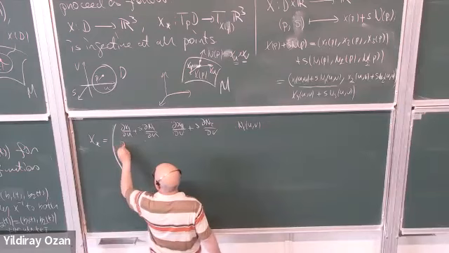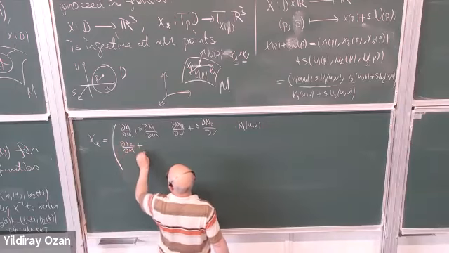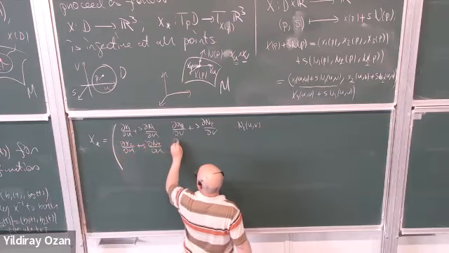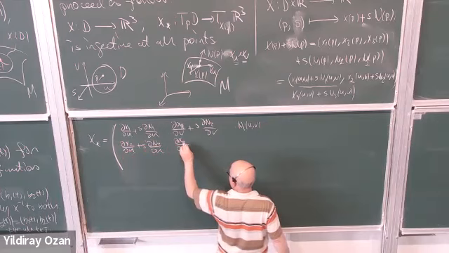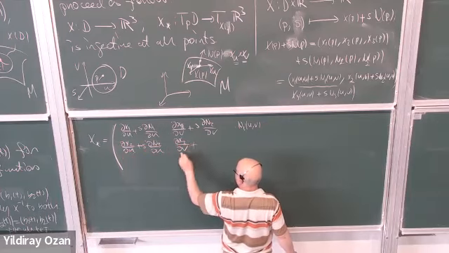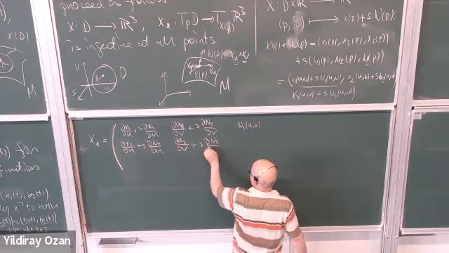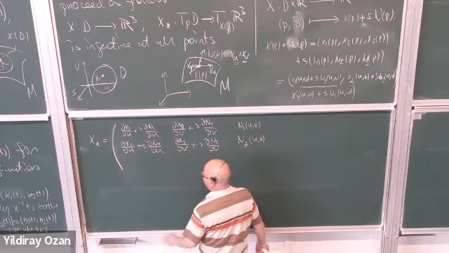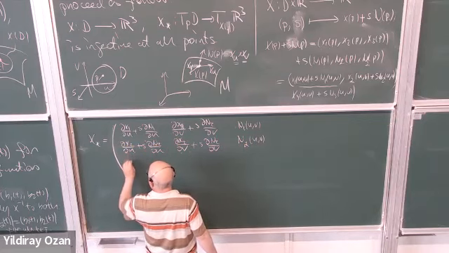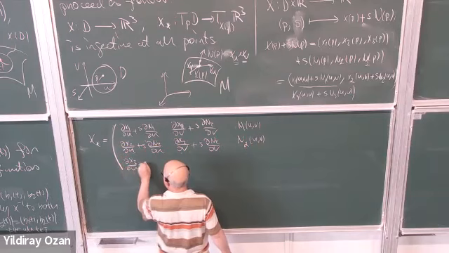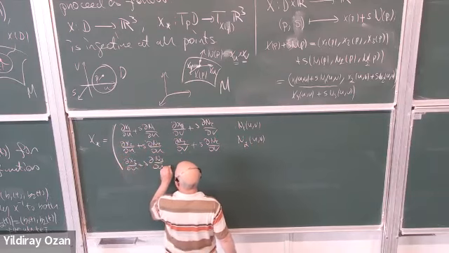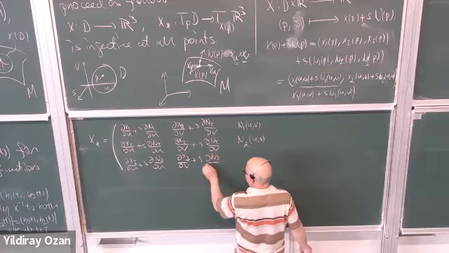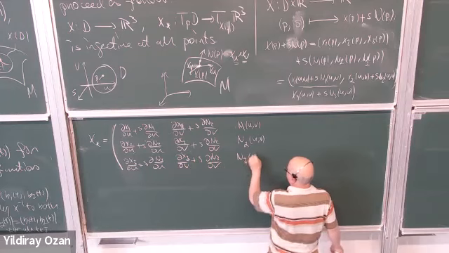And then del x2 del u plus s times del n2 del u, del x2 del v plus s times del n2 del v, and here I have n2 uv, and then the third row, del x3 del v plus s times del n3 del v and n3 uv.